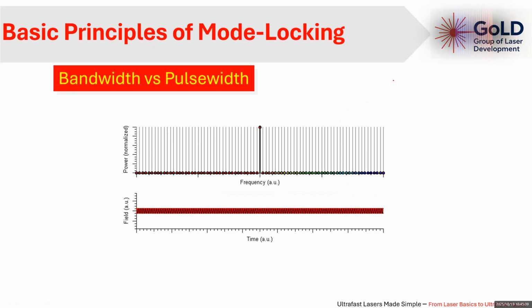So what is that? TP and gain bandwidth. Okay, inversely proportional. What you see here is frequency, in the spectral domain.